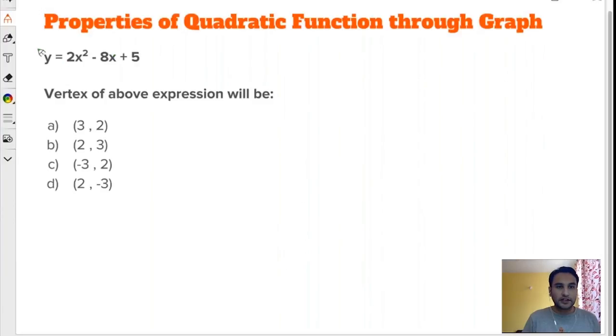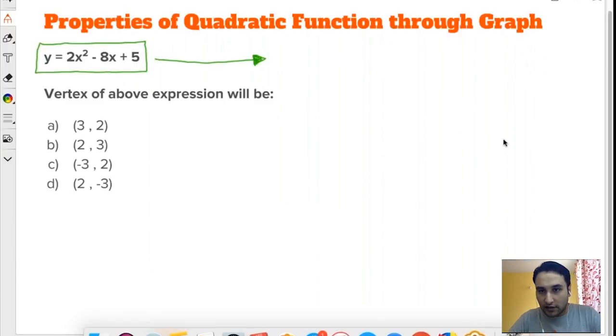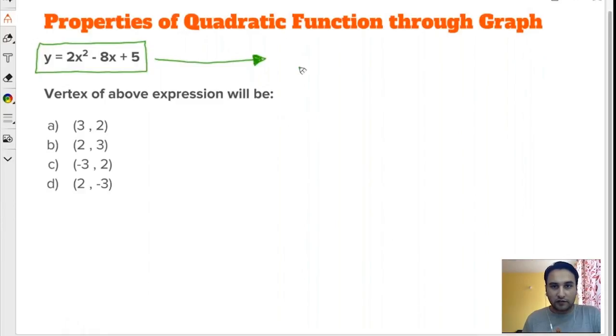Can you tell me the vertex quickly? Complete the square. Most of you are saying D. I think D should be the answer. Let me check. As you guys are solving it, I'm silently solving it here. If anybody has any doubt, you can refer, otherwise you can keep moving ahead.